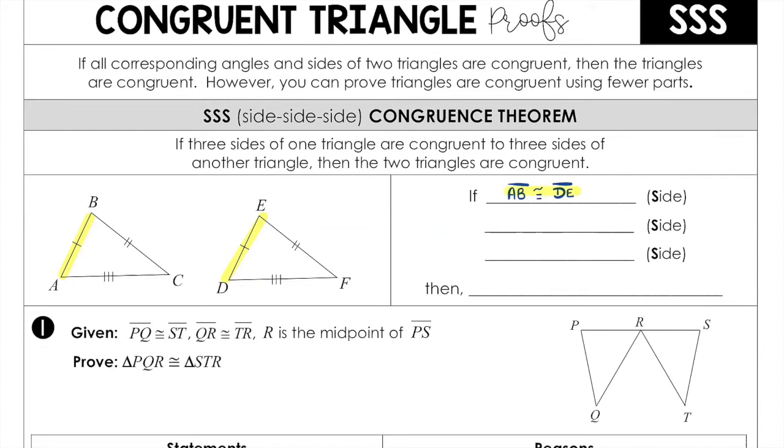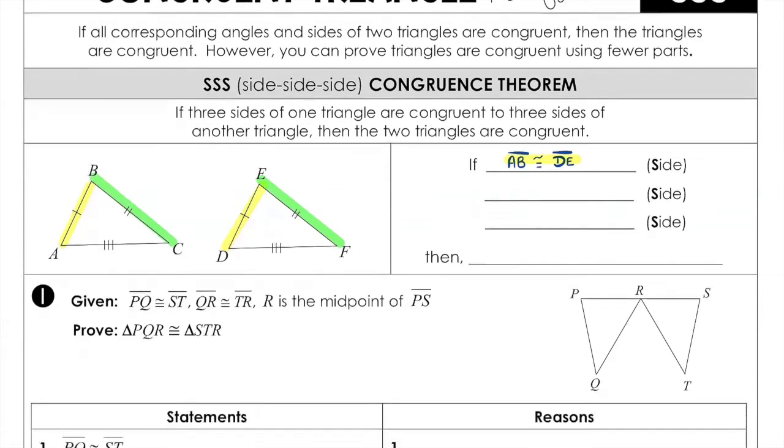Now, to be able to use side, we've got to be able to show that all 3 pairs of sides are congruent. What's another congruent side relationship? Okay, BC and EF. And then what's our final congruent side relationship?